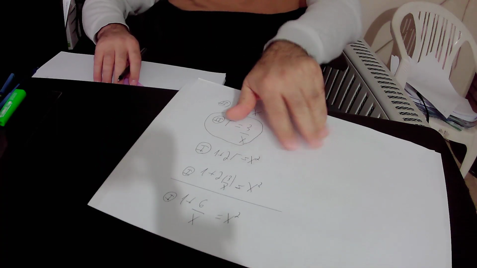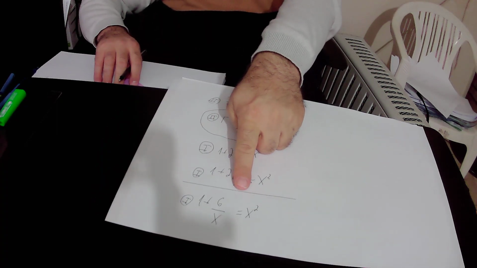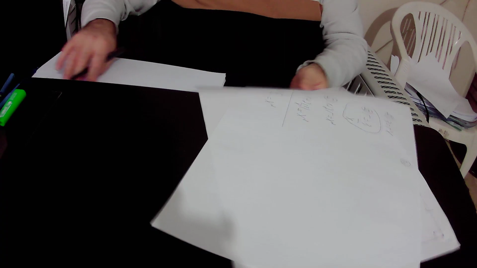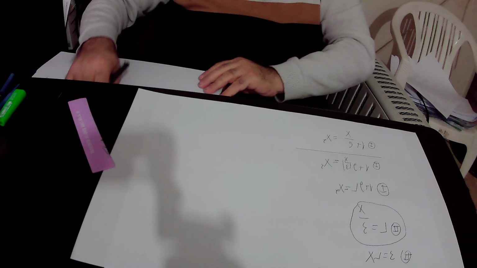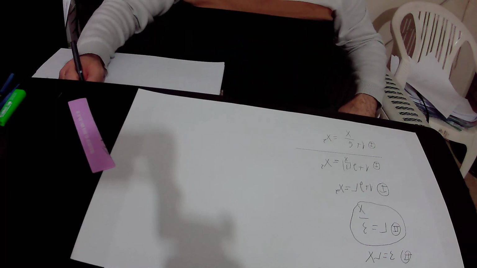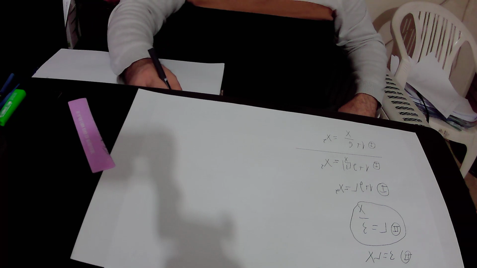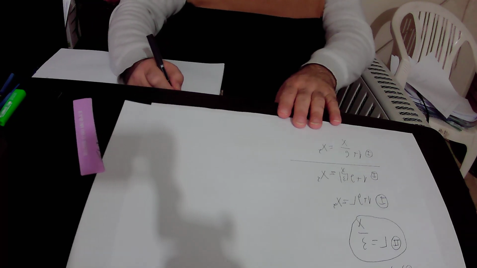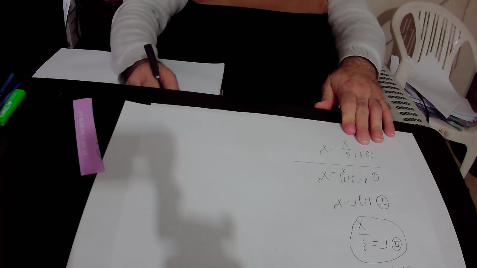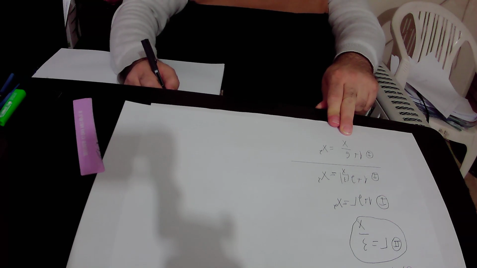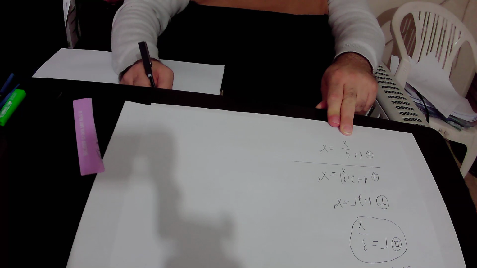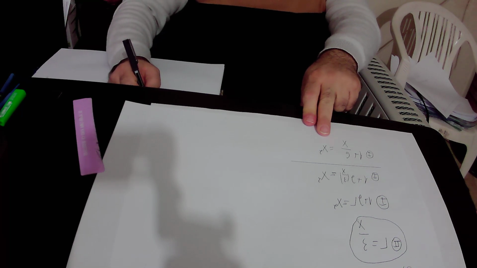So here we will multiply this equation by x, and we will get that x times 1 is x, 6 over x times x is 6, and x squared times x is x cubed.